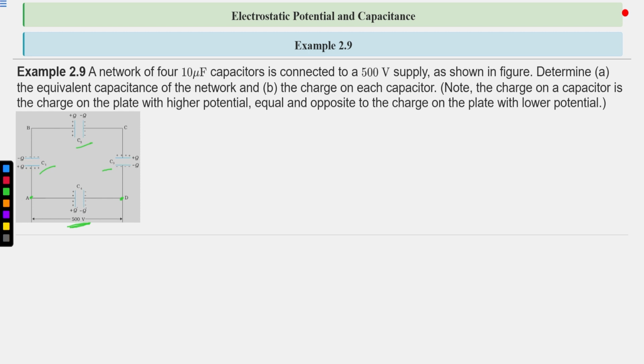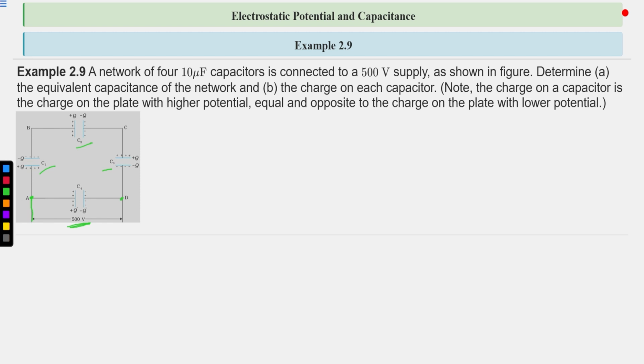Now the fourth capacitor. The plate of this C1 capacitor is connected to C4, but there is an internal connection given from this point, and also from this point. So this capacitor is not in series with these three.